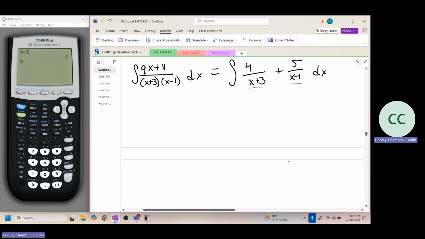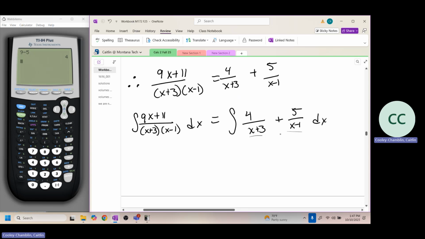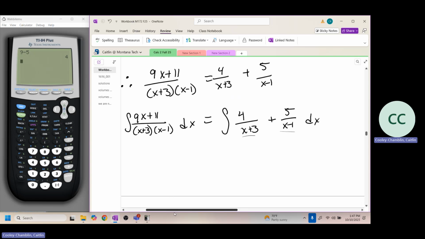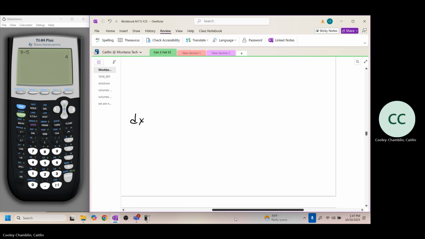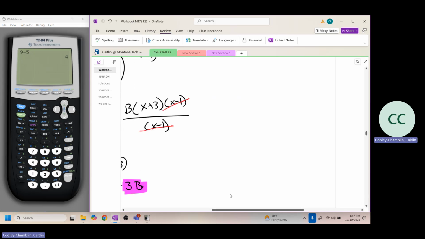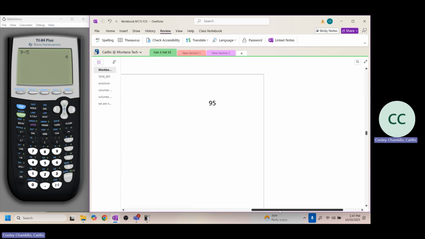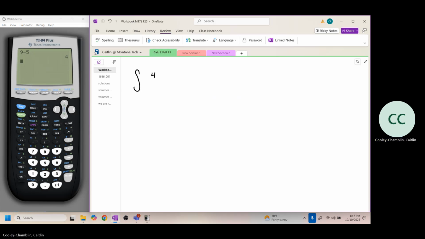Notice that I am out of page here. So I'm going to go off to the side. This is where you might want an extra page. Some of you might write it small enough to do this. So we have the integral of 4 over x plus 3 plus 5 over x minus 1 dx.